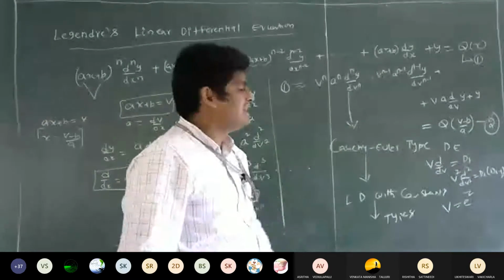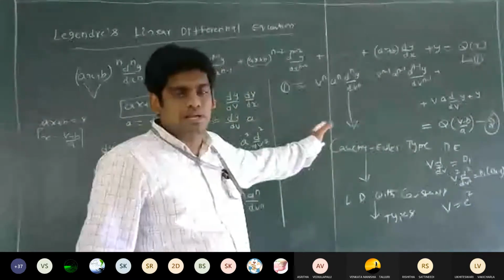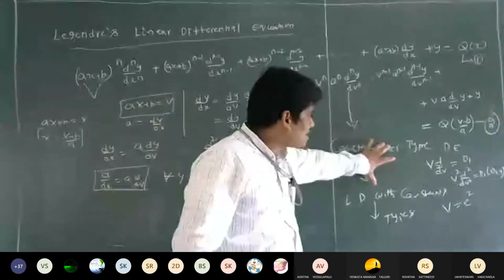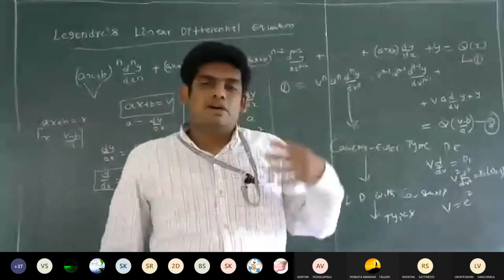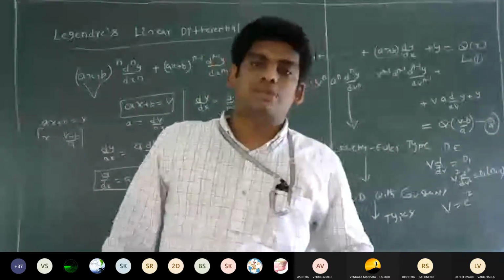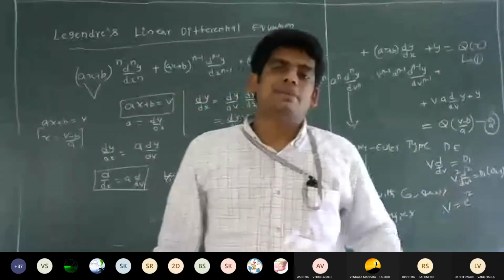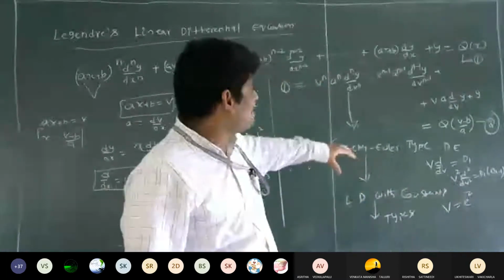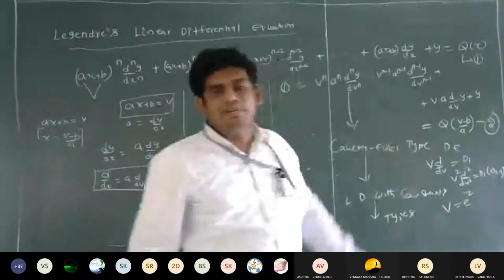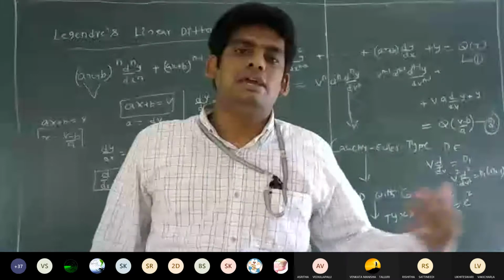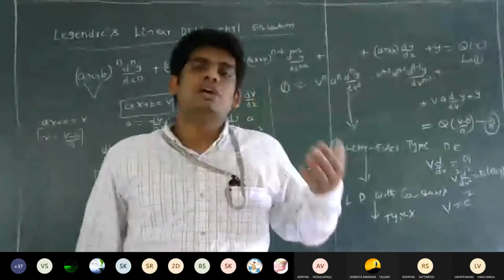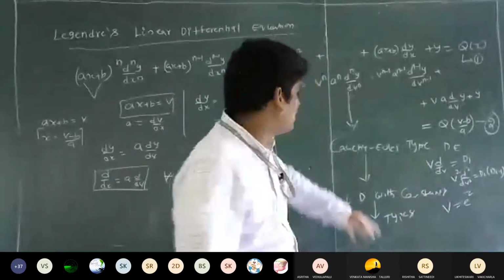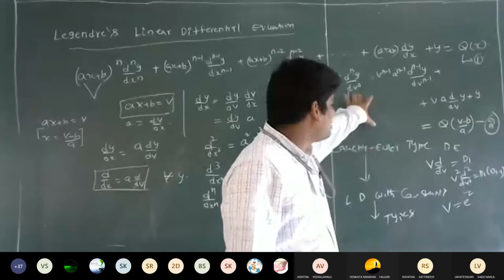Then after that it is very easy. Already we solved the previous problems, right? It is a Cauchy-Euler type, but the independent variable here is v. Originally in the Cauchy-Euler type differential equation, the independent variable is x, but here the independent variable is v.